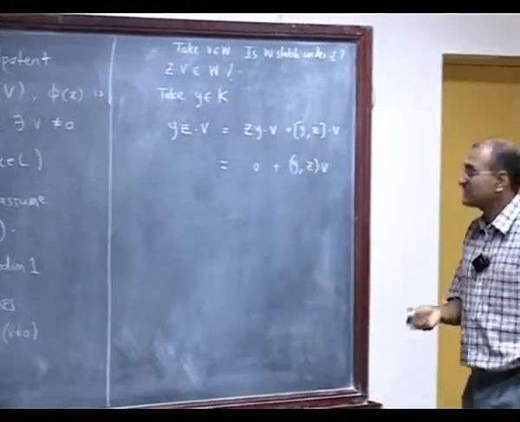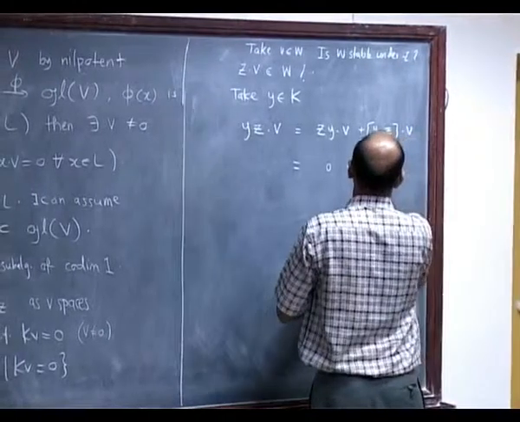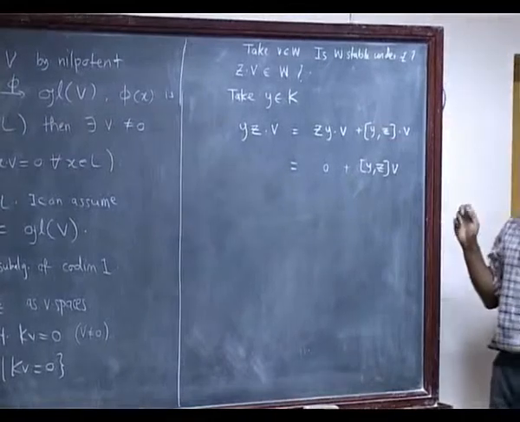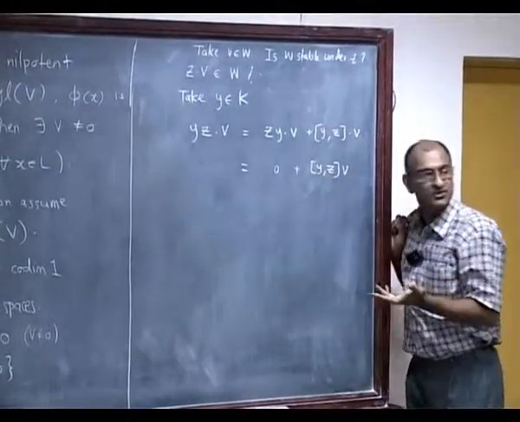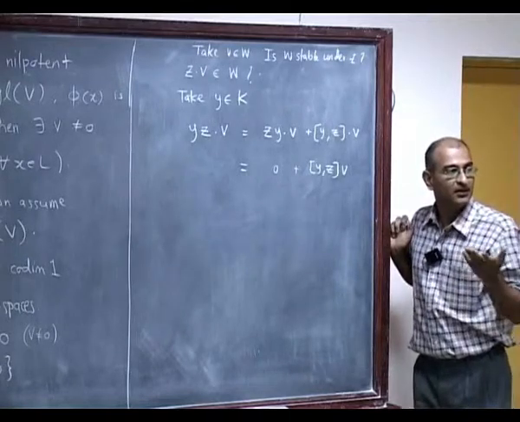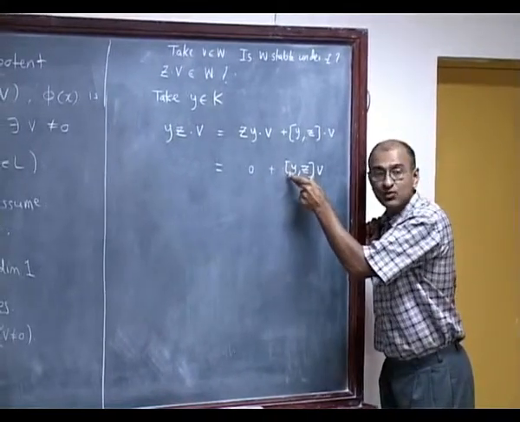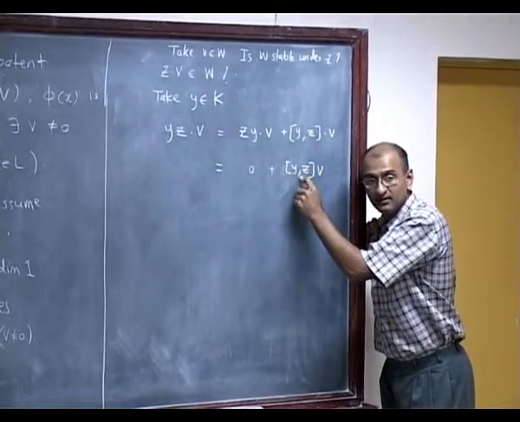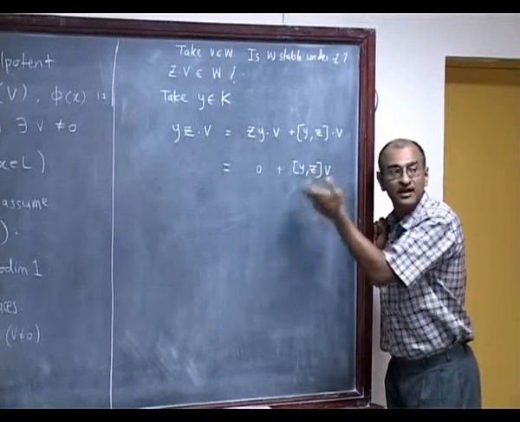So in order for this strategy to work, what must happen? What must I be able to prove? Well, that this is 0 is not forced, but it would be nice if this thing were also to belong to K, then since V is a common eigenvector for K, I would be done.